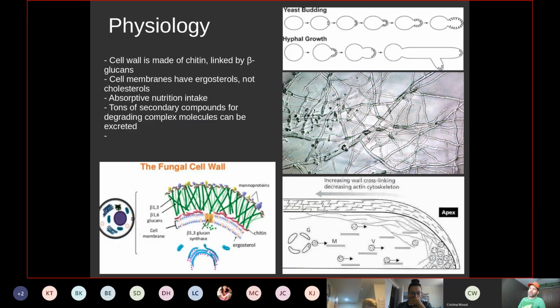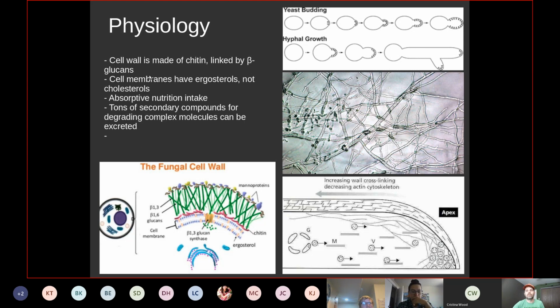Okay, so most fungi are filamentous like this. All fungi, except a few that might not actually be fungi, have this chitin cell wall. So here's our fungal cell wall. There's our chitin cross-linked together.